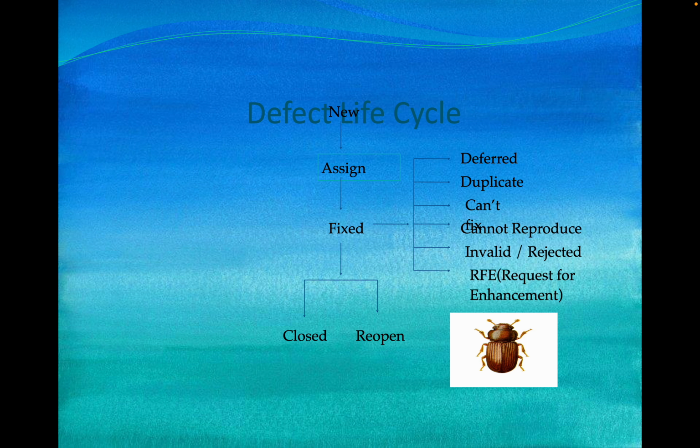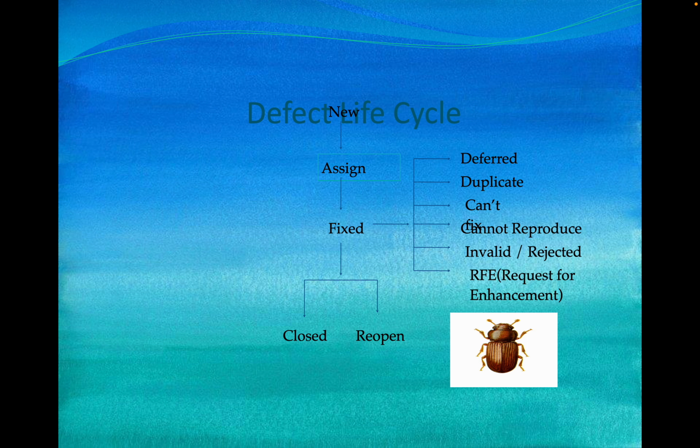Let's see what's going to happen in the bug life cycle. It goes to a tester. The tester is going to open the defect, and after opening the defect, he wants to send the details of documentation to the developer. If the documentation of the defect is accepted, it moves to the next step.